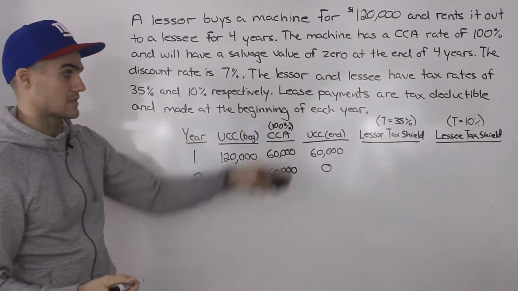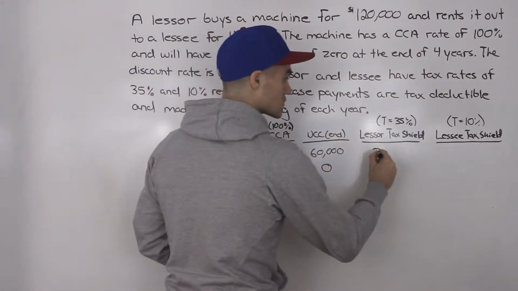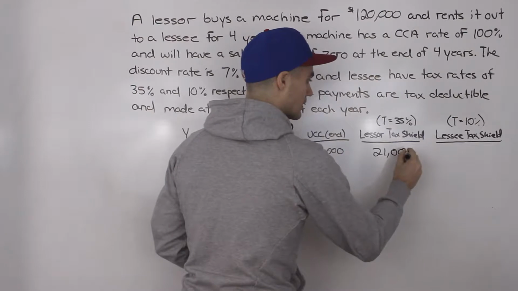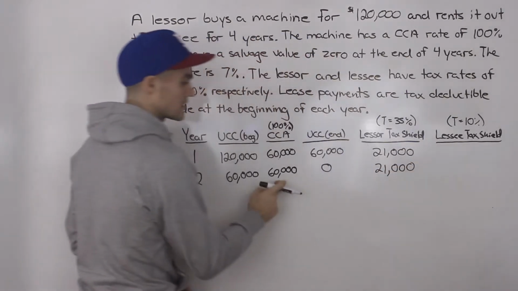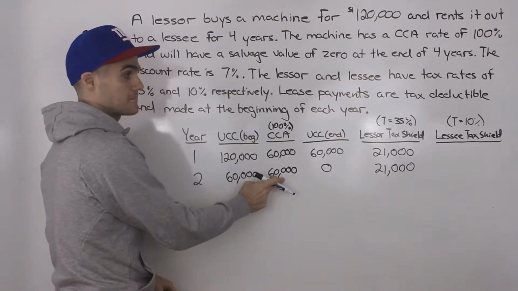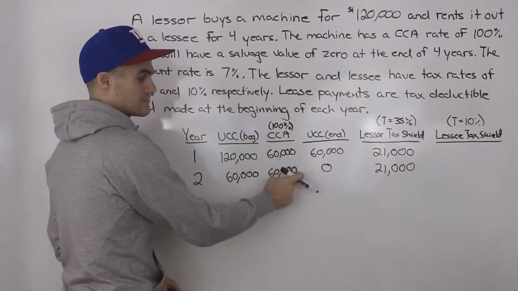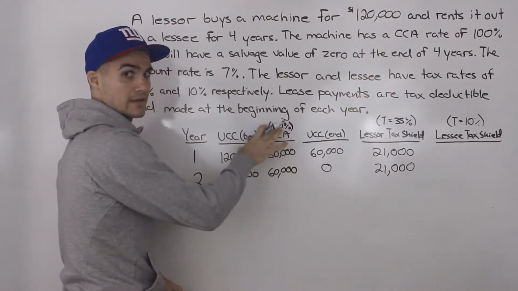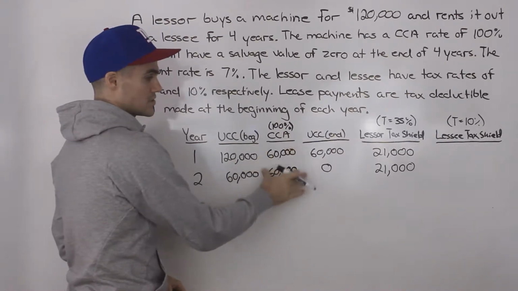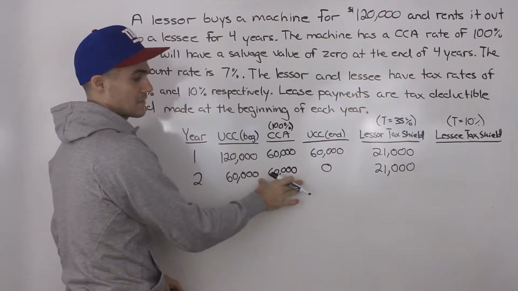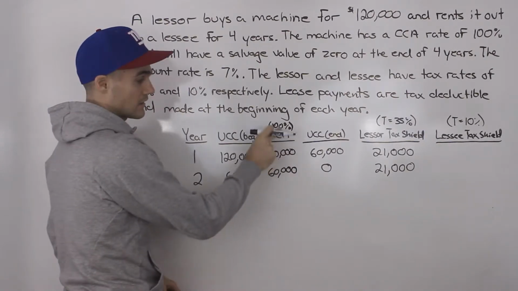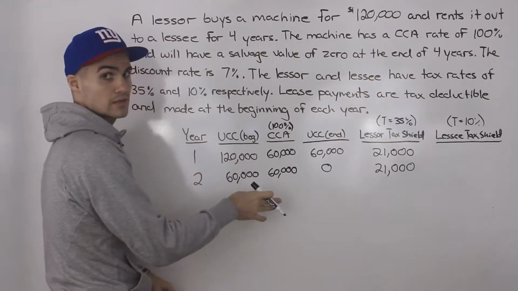So 60,000 times 0.35 gives us 21,000. And that's the same amount in the second year because the CCA amount is the same. Now, usually the CCA amount differs in schedules, but it's just the same because of this 100%. It just works out to be the same. It's just a coincidence. It's not like it's being depreciated straight line.